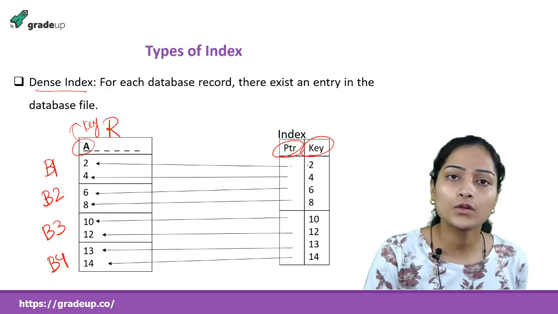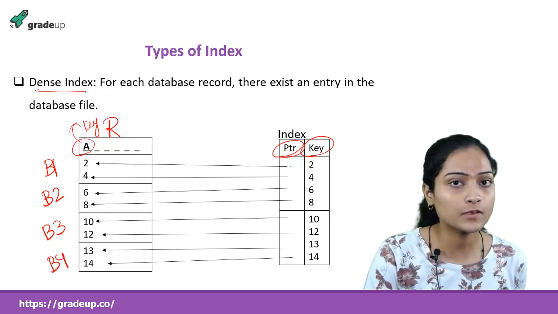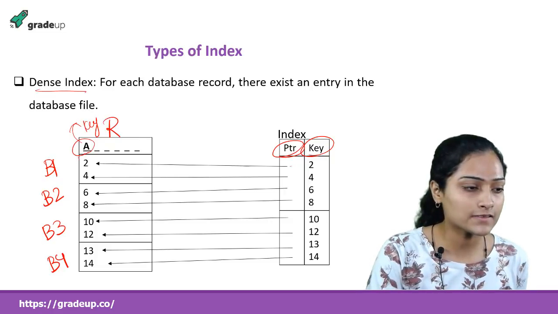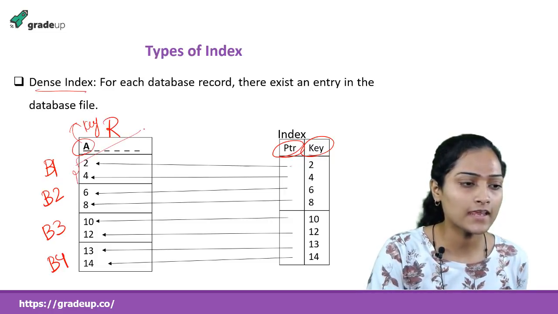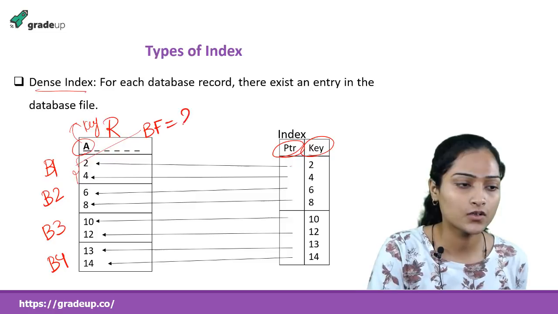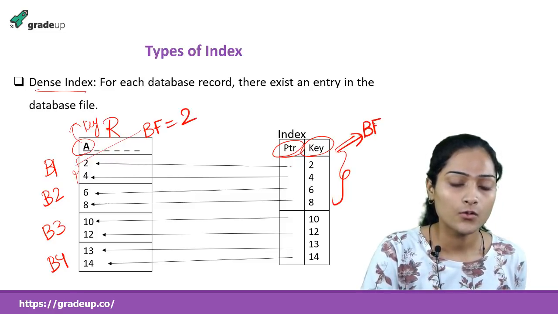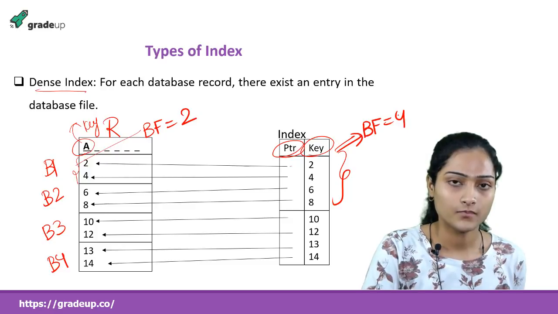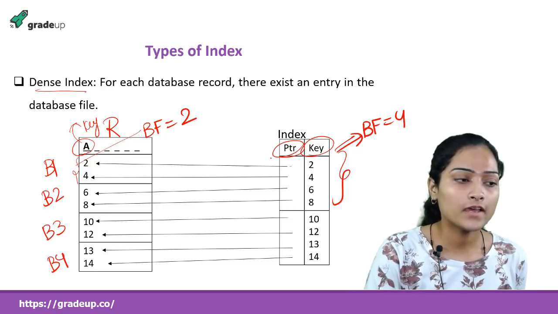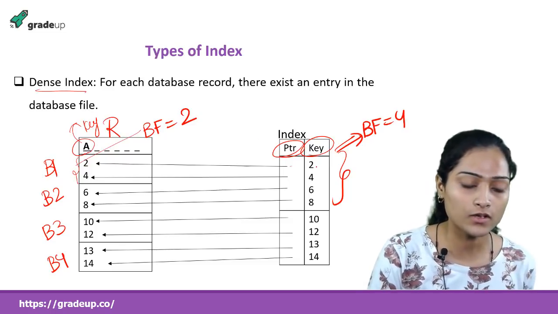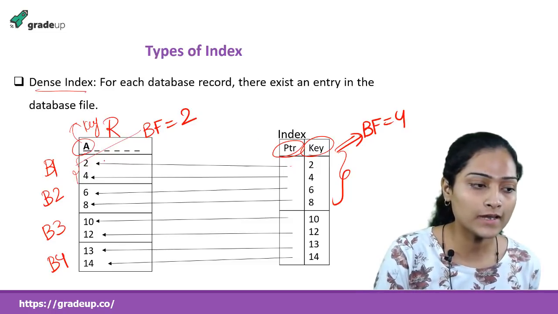I have already told you that the block factor for an index file will be more than the block factor for the database file. Here this block is storing 2 records, so the block factor here is 2, but the block factor for the index will be 4. So we will store a particular key and then a pointer to that particular key.